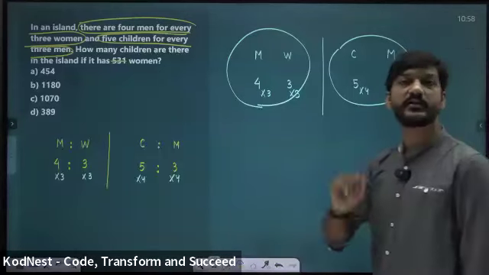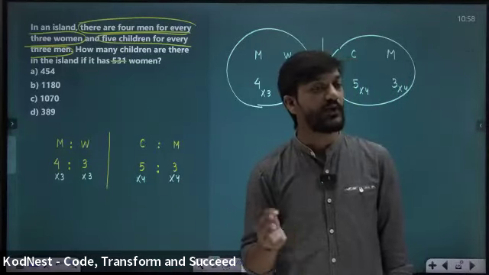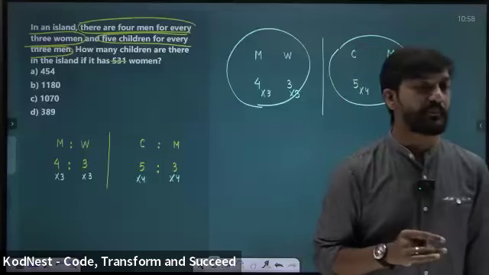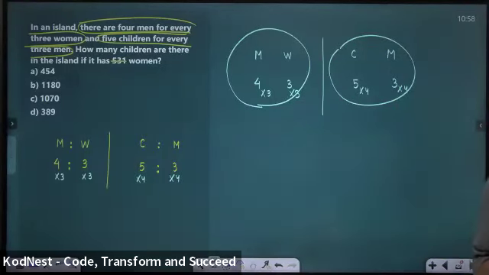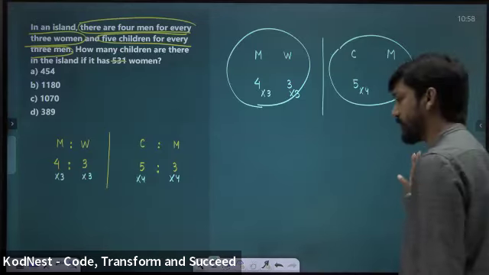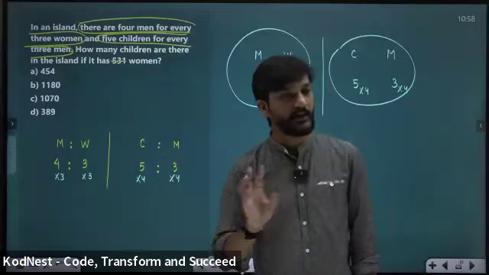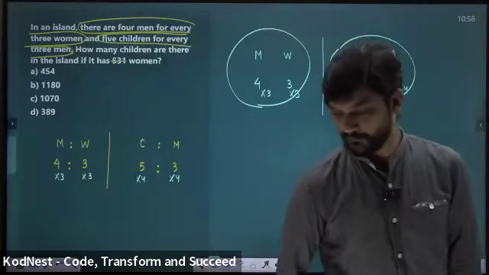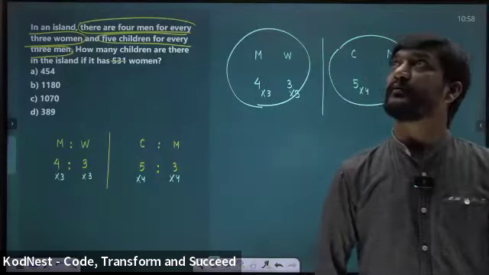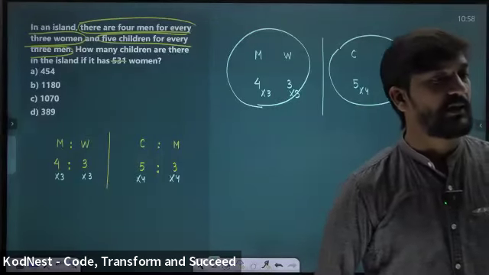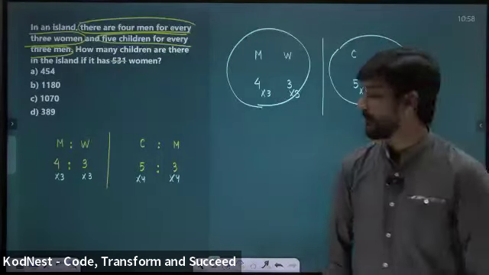So no confusion is there. If I ask you, how many women, what will you say? 9. Okay. How many children? 20. Okay. So no confusion. Until now, anything doubtful, please confirm. Okay.